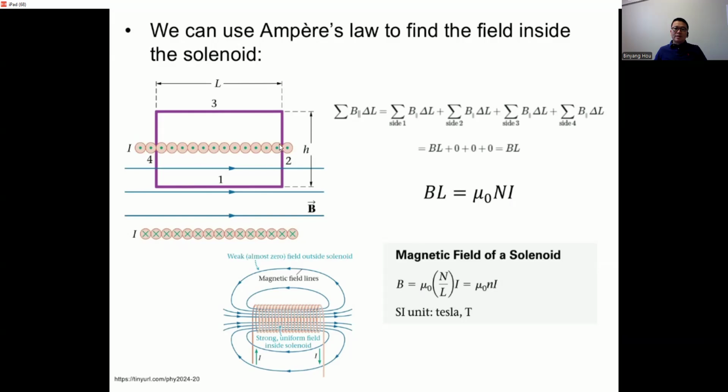So this is how many turns you have basically. And then divide by L, that will give you the density of turns per meter. Okay, so small n for density, but if you do capital N over L times I, that will also be fine. Okay, that will give you the magnetic field inside the solenoid, and the SI unit for that will be Tesla. Okay, all right.